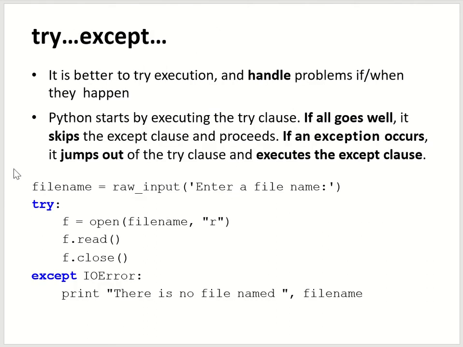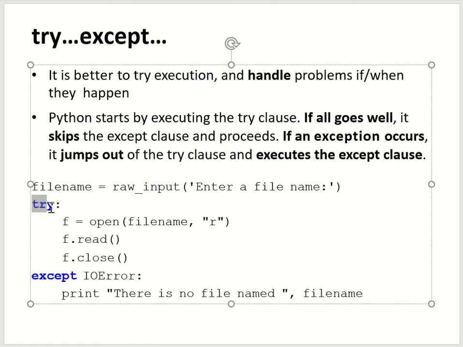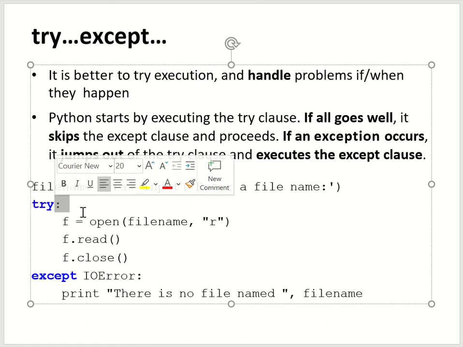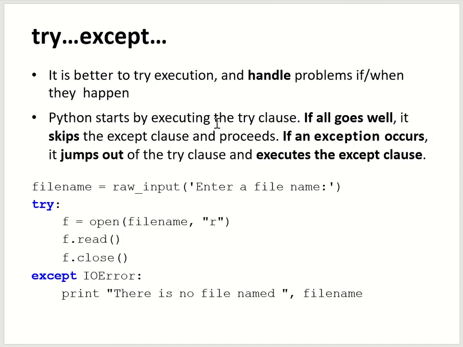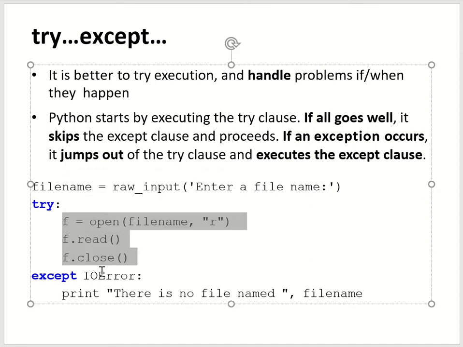So one of the structures in code to deal with it is the try except structure. Here we have the word try, T-R-Y, with a colon, and then on the lower lines, one tab indented, the block of code, the statements that are going to be attempted and executed first.